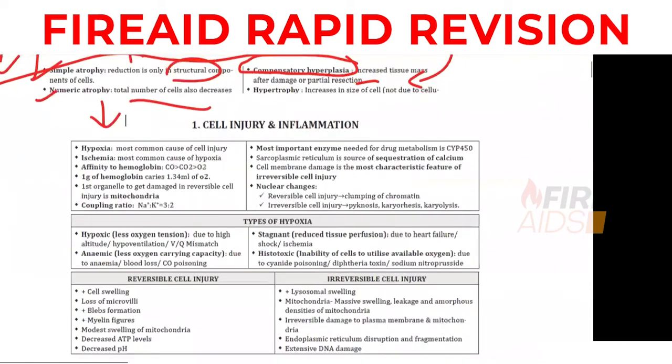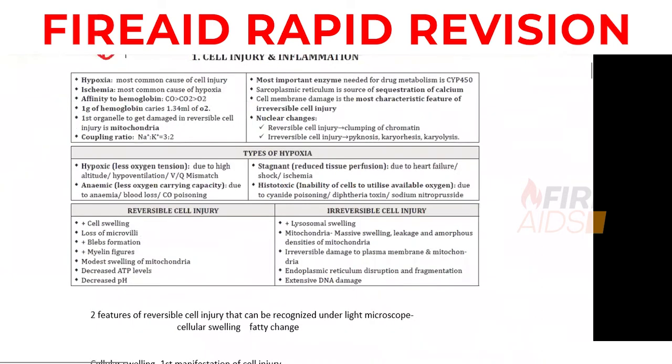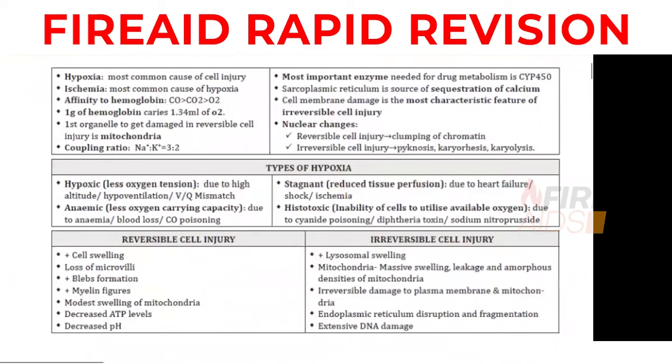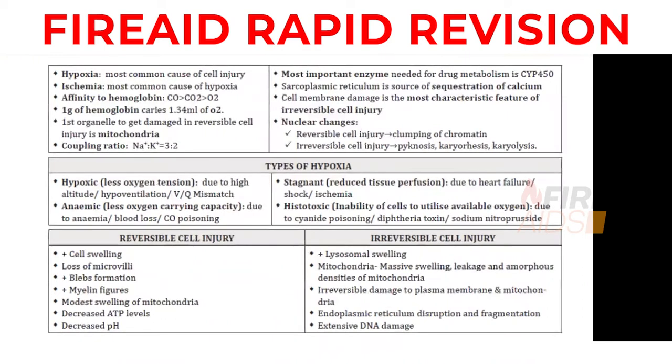Okay. So next is cell injury and inflammation. To start with, the most important, most basic MCQ of pathology is hypoxia. Define hypoxia: low oxygen level, low oxygen delivery to tissues.